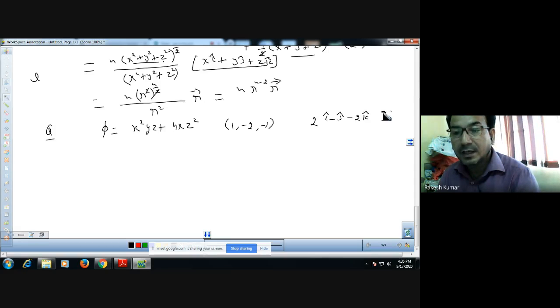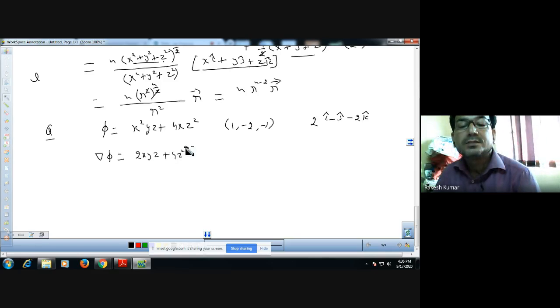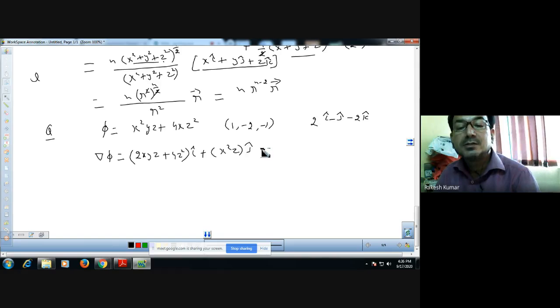minus 2k cap. So we just find the gradient of this scalar point function, that is 2xyz plus 4z square i cap, and the next one will be the derivative with respect to y, that is x square z into j cap.